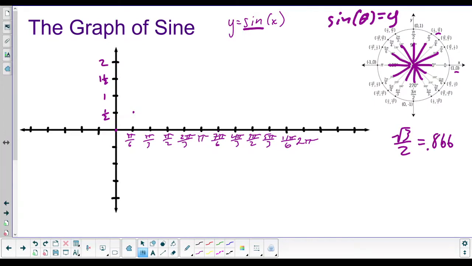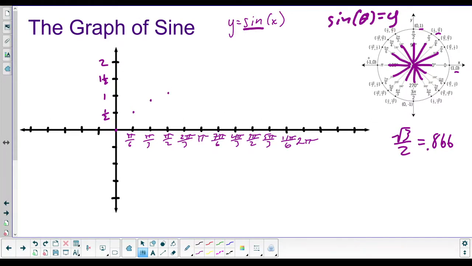Okay, so almost 90% of the way to 1. So we're going to go over to pi over 3, up a half. Half past that would be another quarter, so that would be 0.75. So we need to be a little higher than that even. So we'll put it right about there. Okay, it's not going to need to be perfect. At pi over 2, we're at 1.